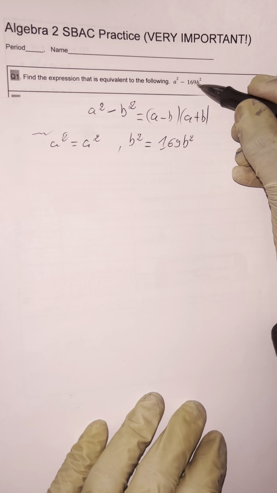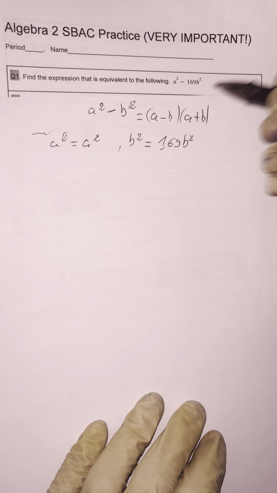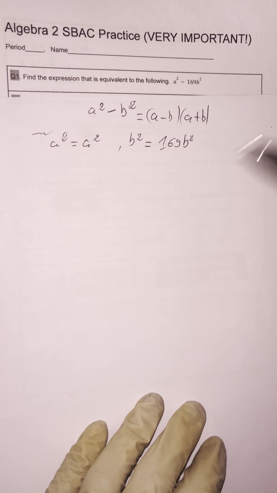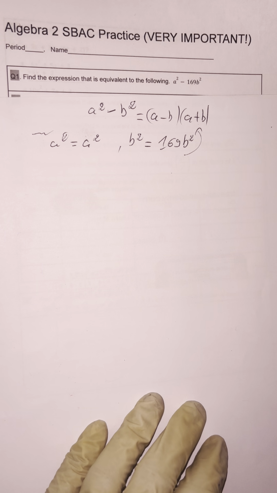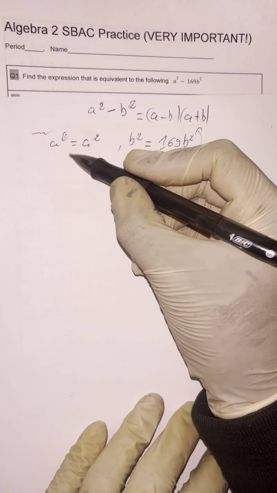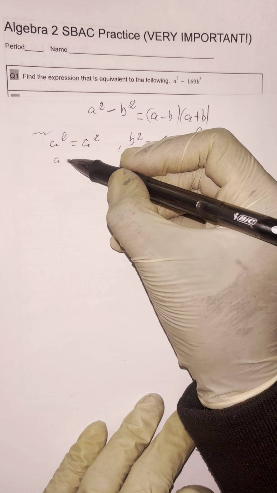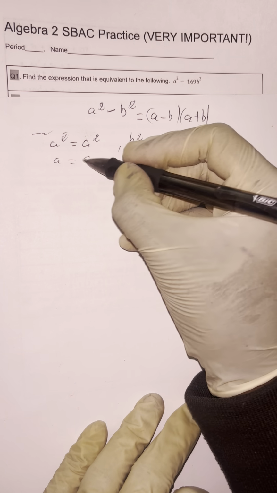It's not just b squared, it's 169b squared. Now we need to turn this into a minus b times a plus b. Well, if our a squared is a squared, then our a is simply going to be a.